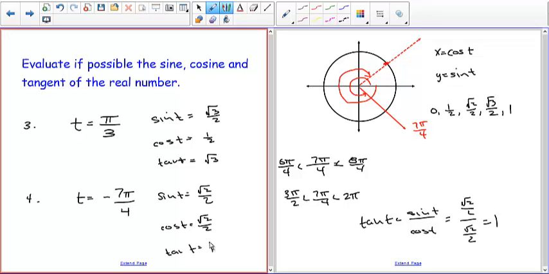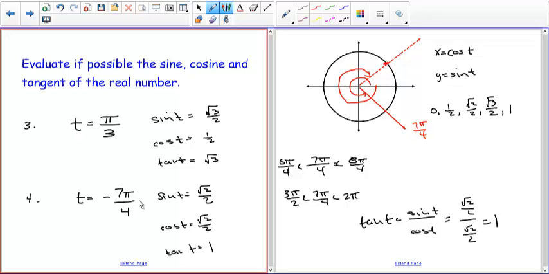Now it's nice that you can actually check your answers without using the unit circle by plugging into your calculator. So if we did the sine of negative 7 pi over 4, let's just do that. You've got to make sure your calculator's in radians, which mine's not, so I'm glad I checked that.